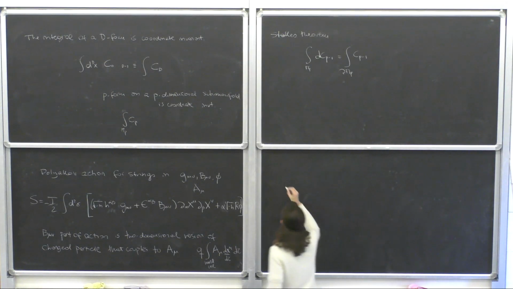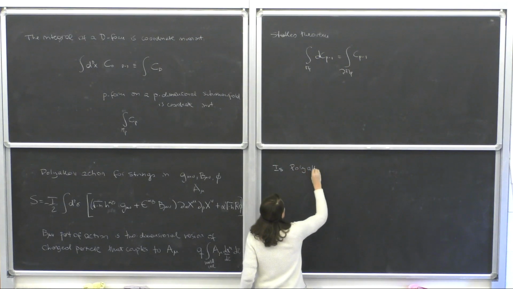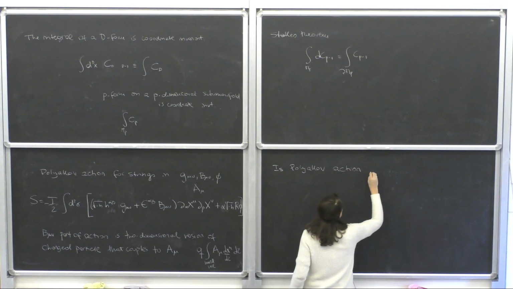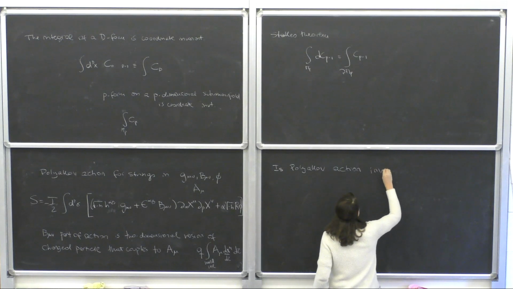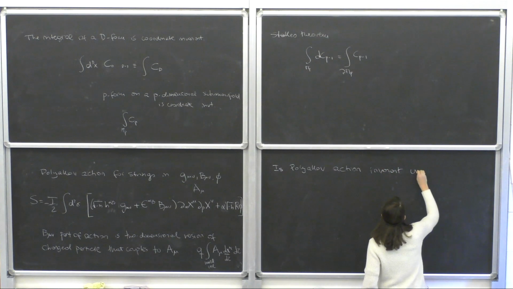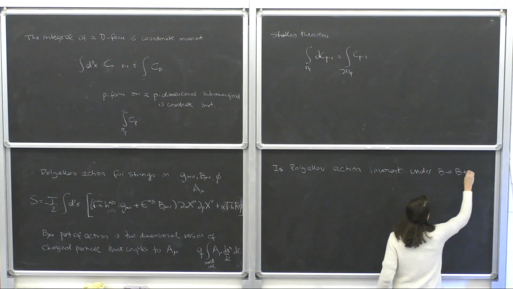So is the Polyakov action invariant under gauge transformations of the B field? So under B going to B plus d lambda.